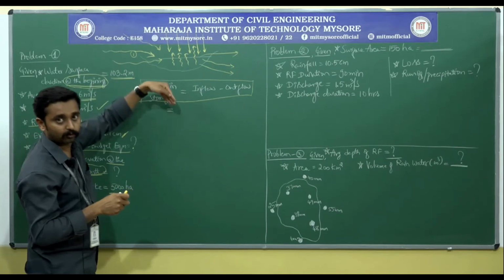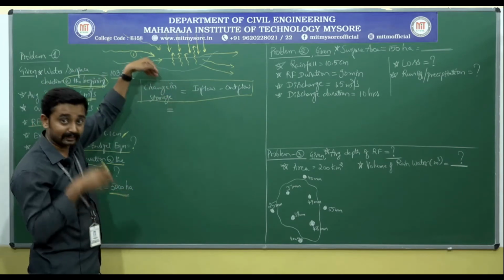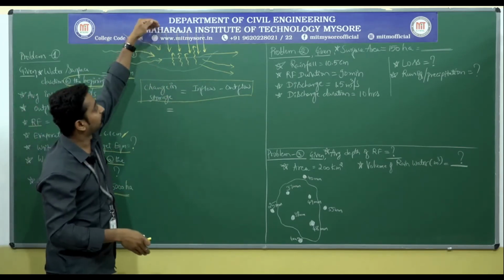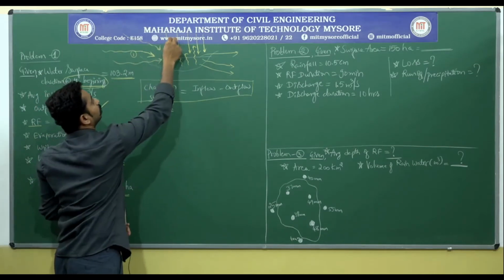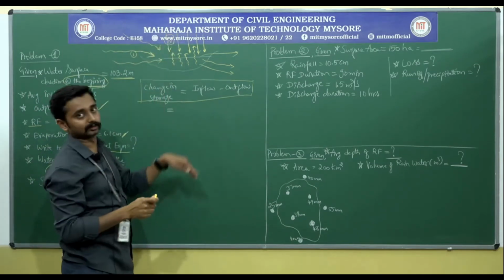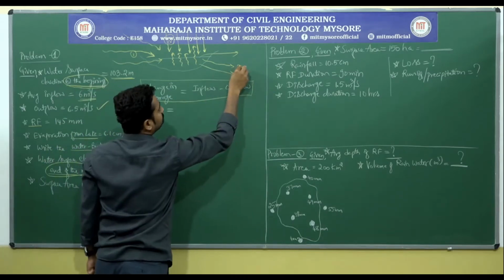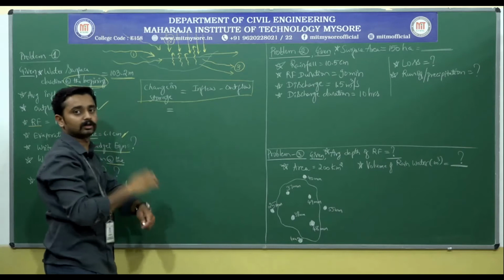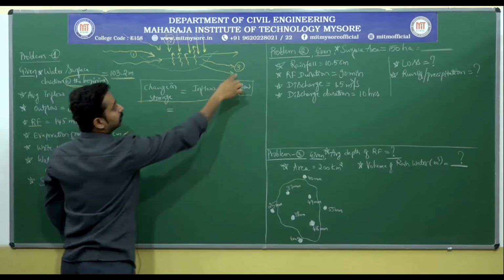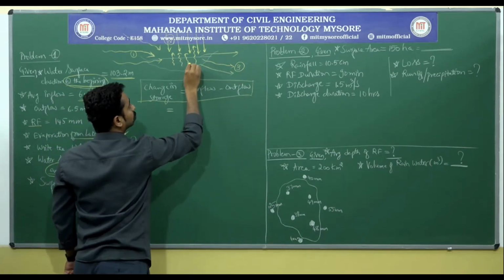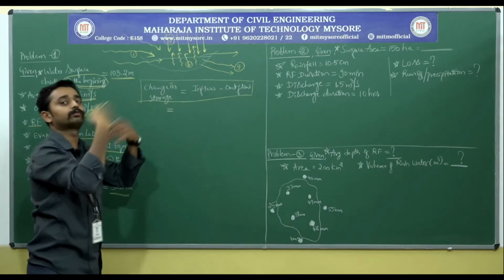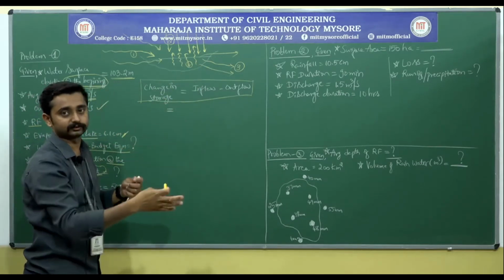One is surface runoff into the lake and another one is rainfall. These two form the inflow to the lake. Outflow is discharge or simply runoff, and the fourth one is evaporation. These are outflows, going out of the system.